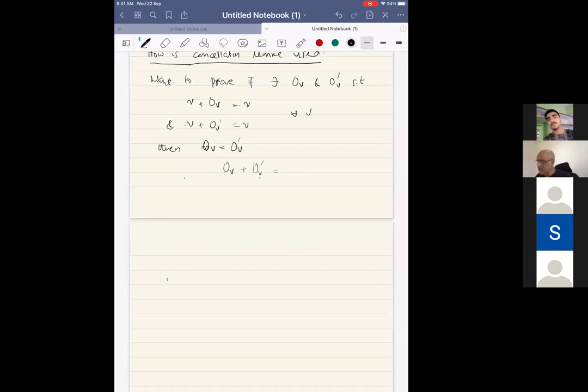On the one hand, 0v plus 0v prime is 0v, because here let 0v prime play the role of the zero vector. So then you get this. Now on the other hand, 0v can play the role of the zero vector. This is equal to 0v prime. So you have this. Thanks a lot.